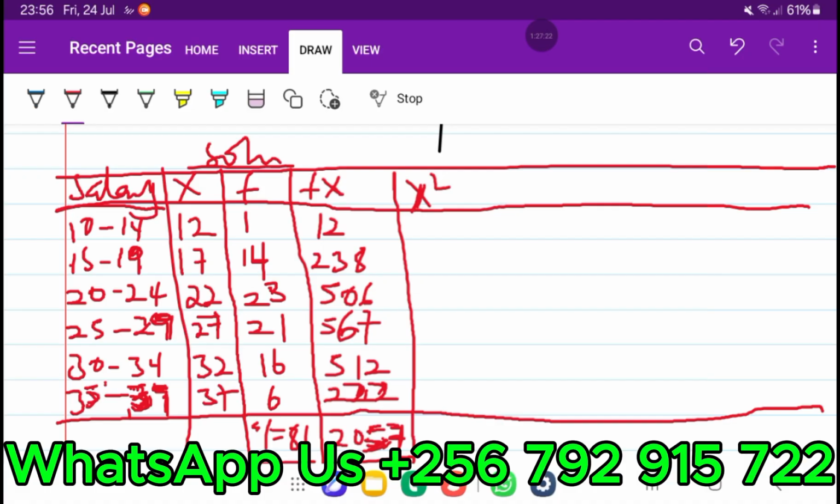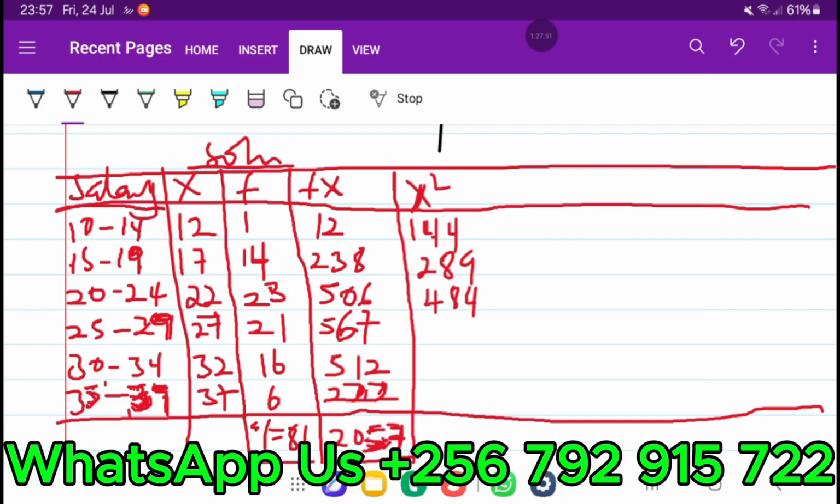12 squared, that is 144. Then 17 squared, that is 289. Then 22 squared gives you 484.